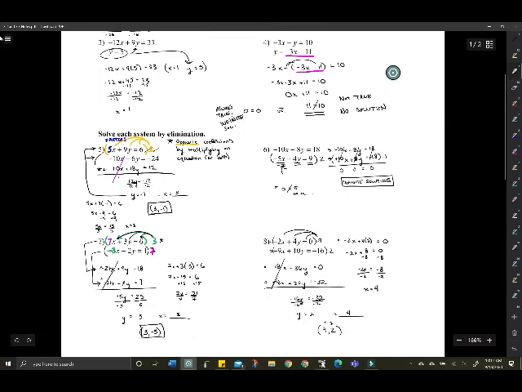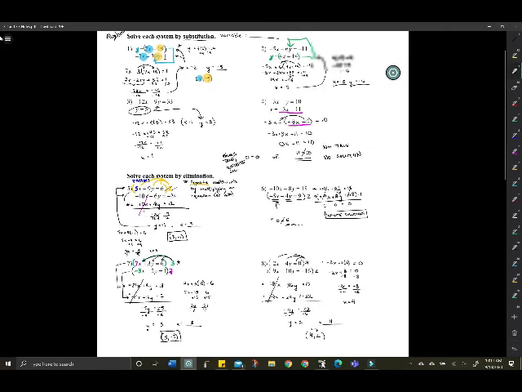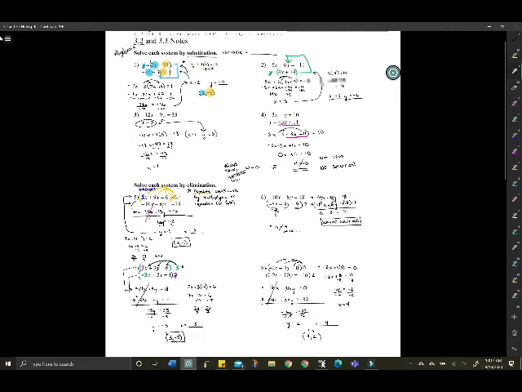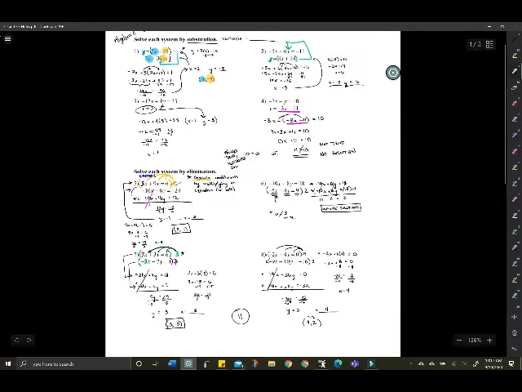Substitution, elimination. Okay, so that's a great job on those. Feel free to pause here, do some practice, but I'm going to move on to the word problems of these as well. So word problems are on the next page, but feel free to pause and to come back later.